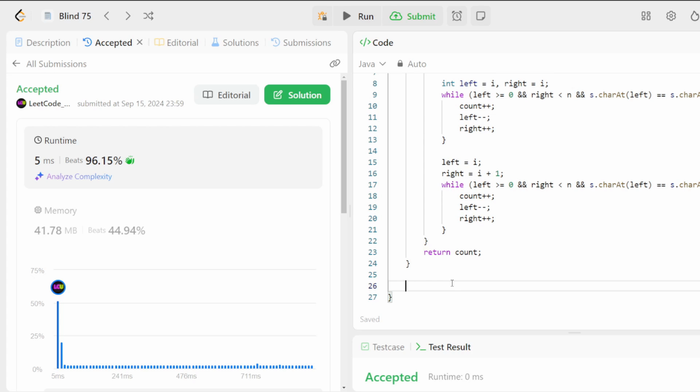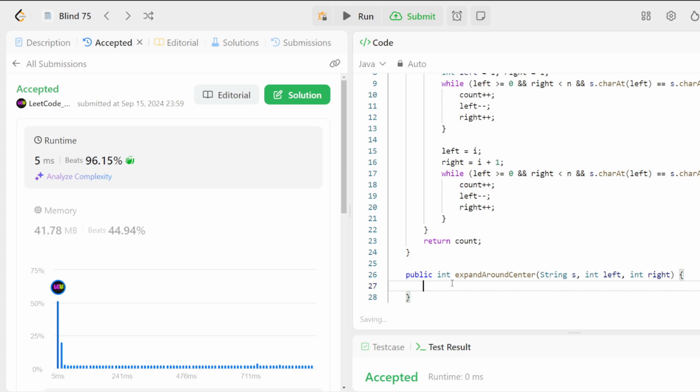So I'm going to make a helper function called expand around center. So public int expand around center, and this will take the string s, the left pointer, and the right pointer. This is a different function, so the scope differs.